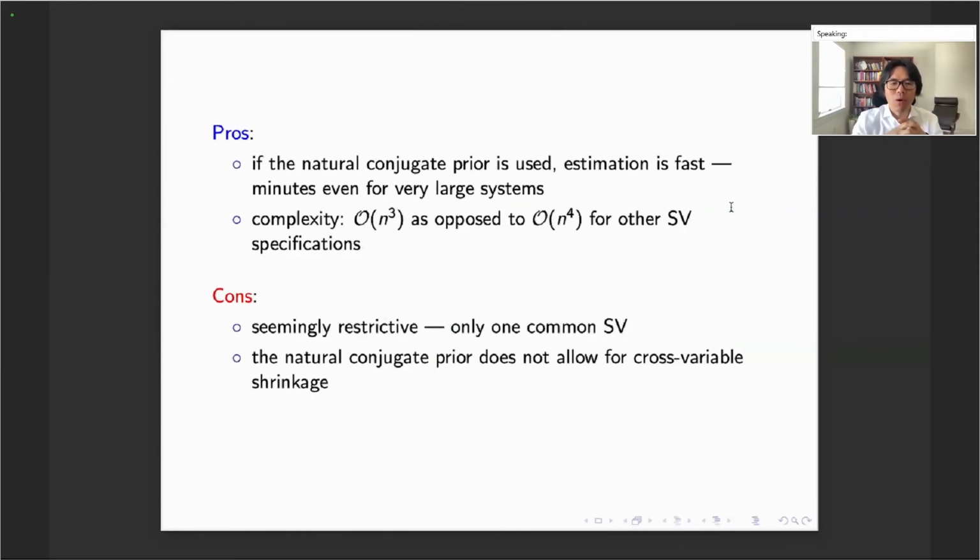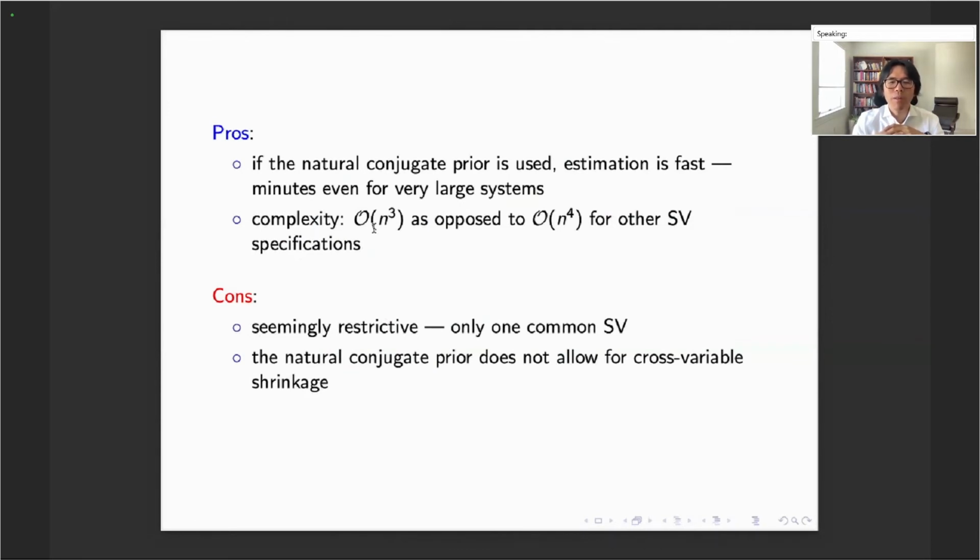The advantage of this model is that if you use the natural conjugate prior, then estimation is very fast. You can do it in a minute, even if you have 50 variables, 100 variables. And the complexity is O(n) to the power 3, n being the number of dependent variables. So it's one order of magnitude faster compared to other stochastic volatility models.